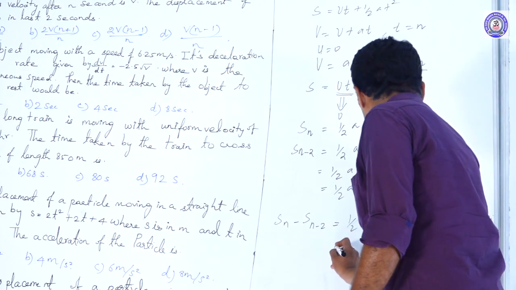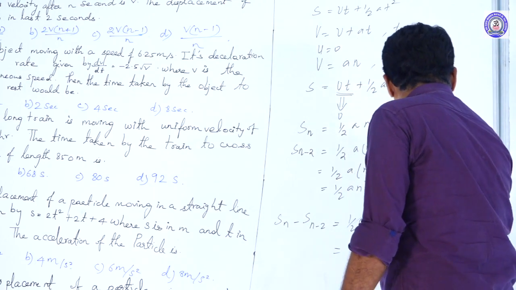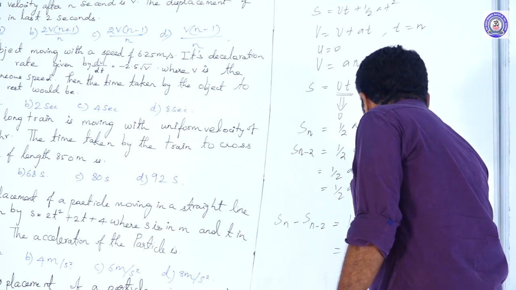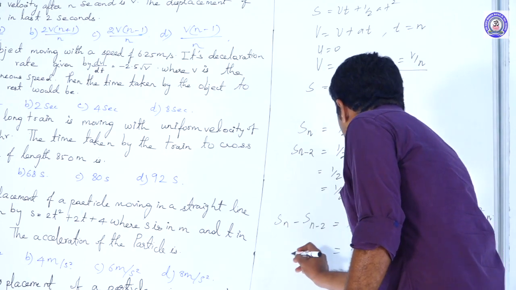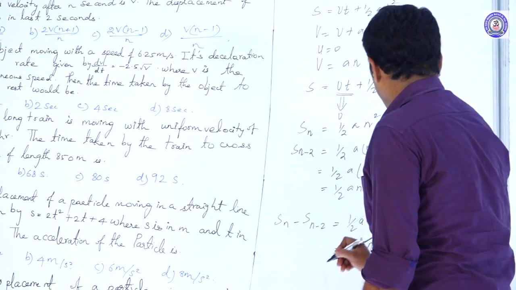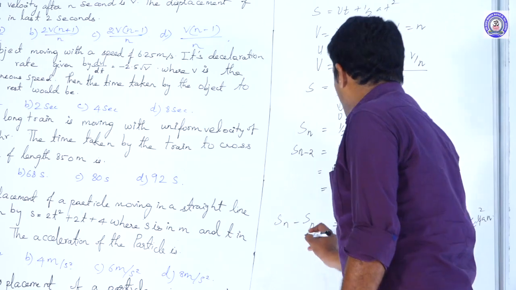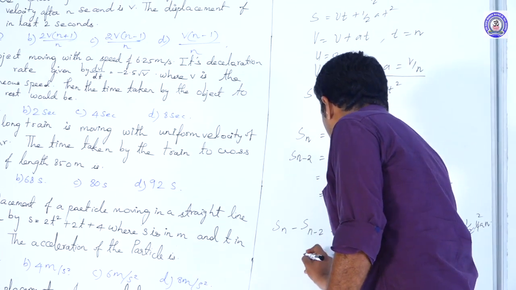This cancels out. Then we can write this is 2an, this is 2a. So 2an minus 2a is Sn minus S(n minus 2). So we can calculate the displacement Sn minus S(n minus 2).